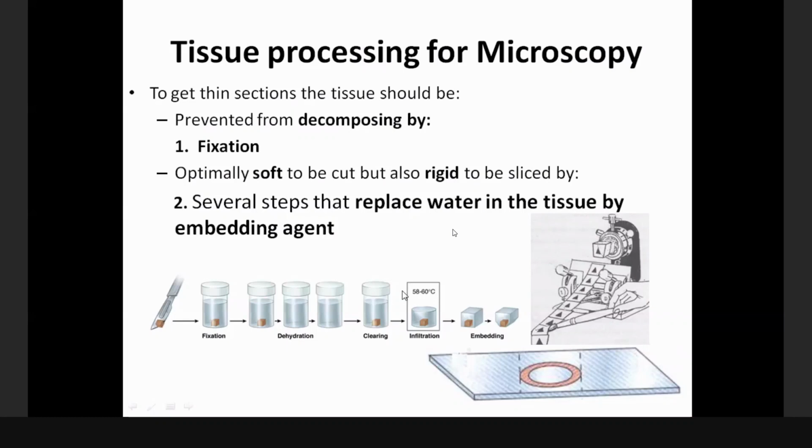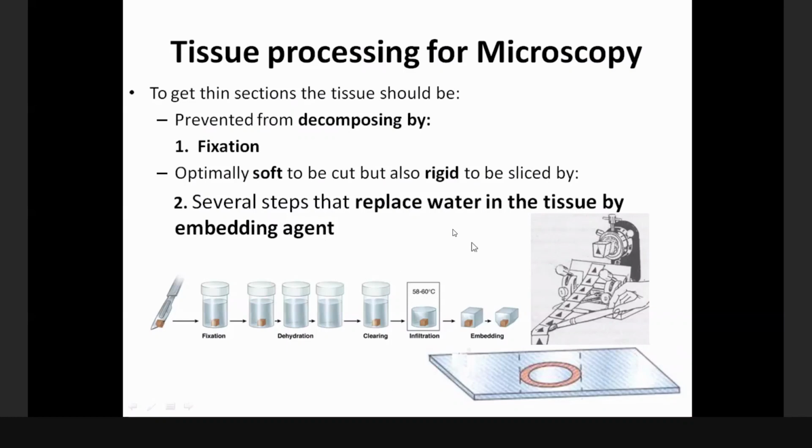But this method is not for teaching purposes because it doesn't give us very thin sections, and it is not a way of preparing permanent tissue slides. It is rather used for purposes of research. So we need to have another method, for example, for teaching purposes or for studying tissue morphology.